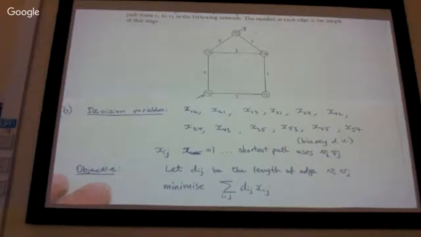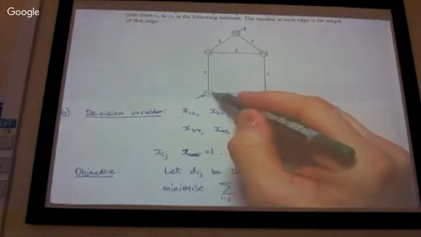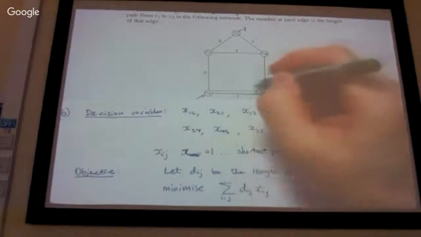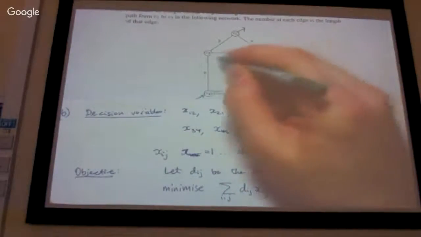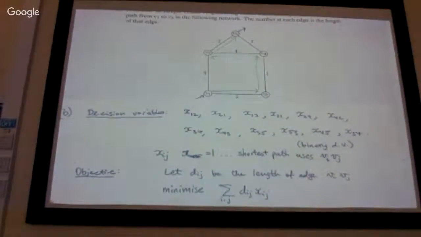Okay, so what's going on? I could have a path, like a green one, that goes from here to there, from here to there, and from here to there. I'm not sure whether that's the shortest path, but it's just an example that goes from 1 to 5.